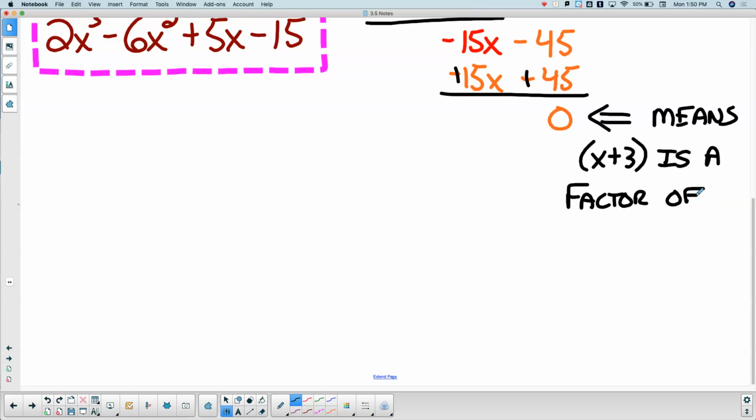What was the original one? 2x to the 4th minus 13x squared minus 45.